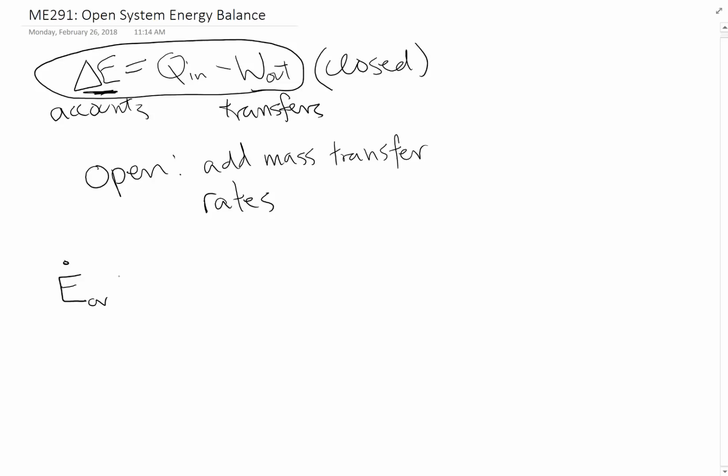Instead of the amount of heat transfer, we have the rate at which heat transfers. Instead of the amount of work, we have the rate at which there's work. But now we also need to add in energy transfer by mass.